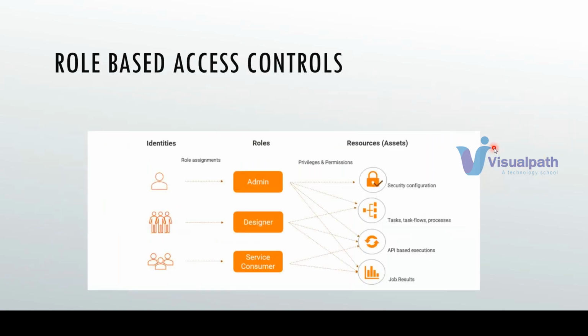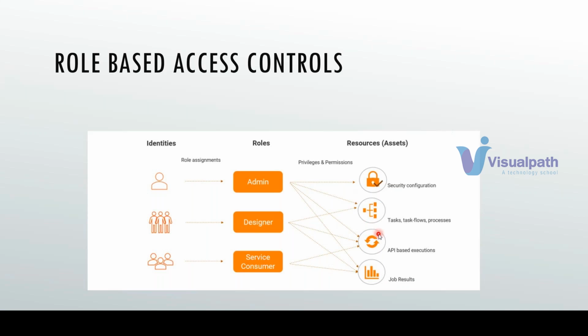And most importantly, this entire UI is controlled by role-based access controls, where you have roles like an admin role, a designer role, a service consumer role. If you look at the role assignments, privileges and permissions, admin can do anything. He has super access. He can perform the security configuration, run the task flows, processes, API-based executions, and even view the job results.